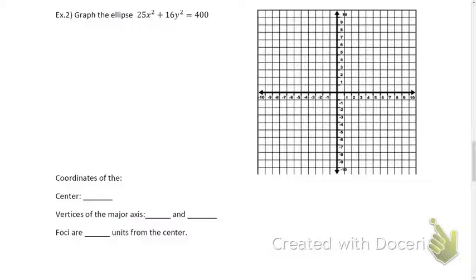So one rule is we need a 1 to be all by itself on one side. And we don't have that. So that 400, that constant, we could divide by 400 and we'll have a 1.